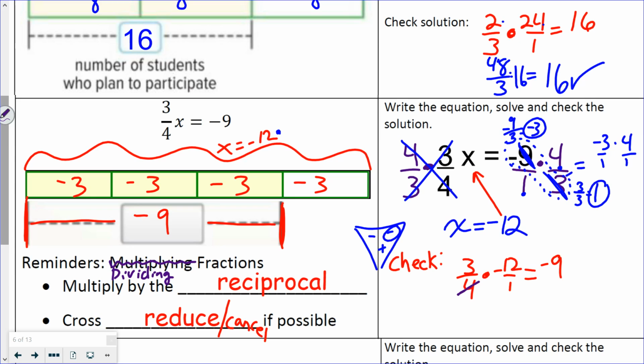I can cross cancel my 4 and my -12. 4 divided by 4 is 1. 4 goes into -12 -3 times. So I really have a +3 times a -3. Okay, different signs makes a negative. 9 equals a -9. Bada bing, bada boom, that one's ready to go.